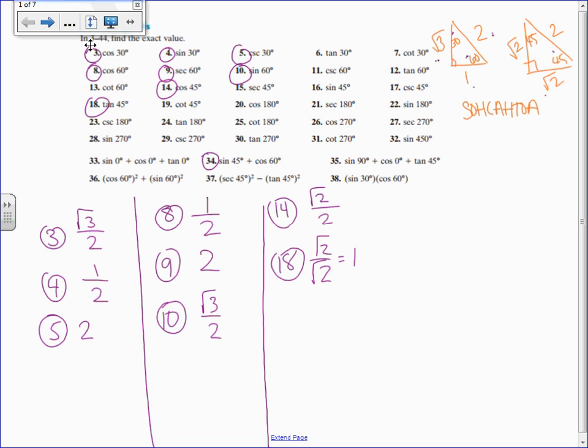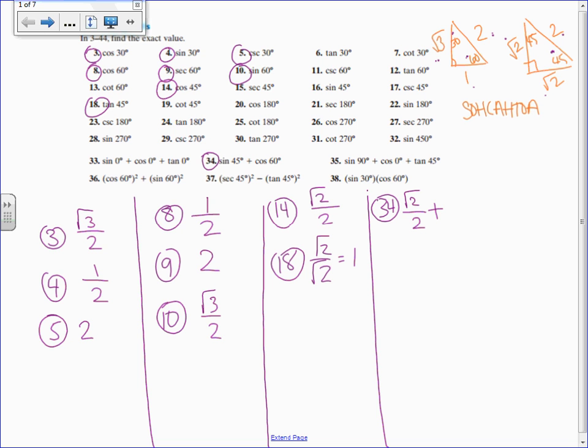And then we had to do number 34. 34 says the sine of 45 plus the cosine of 60. So first, let's figure out what the sine of 45 is. Here's 45. The sine is opposite over hypotenuse. So the sine of 45 is the square root of 2 over 2, plus whatever the cosine of 60 was.